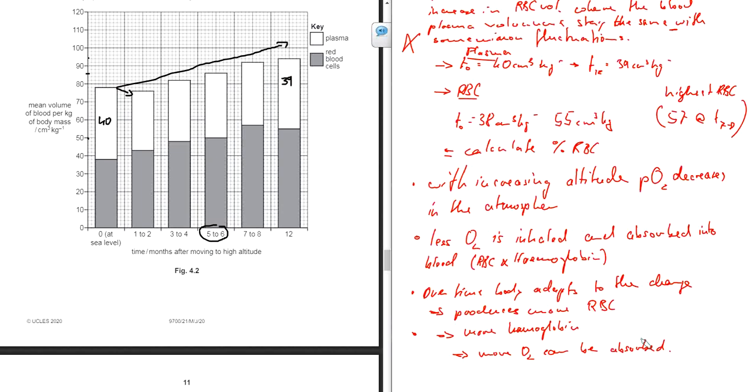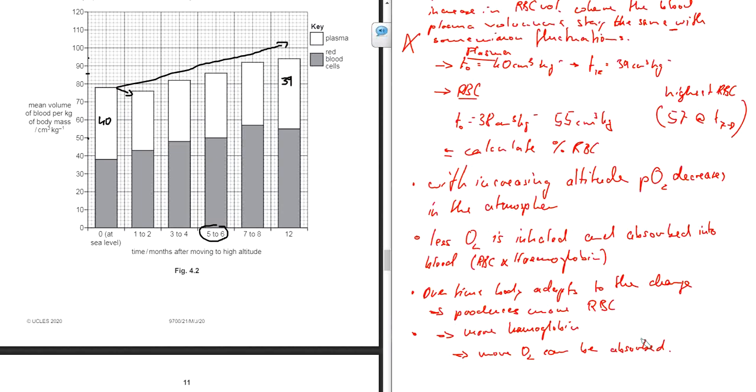Again, important here is that we have more red blood cells that cause the increase in volume of the blood, not more blood plasma. That's quite important. If both would increase at the same rate, that means that probably the same amount of red blood cells would pass the alveoli per unit time.